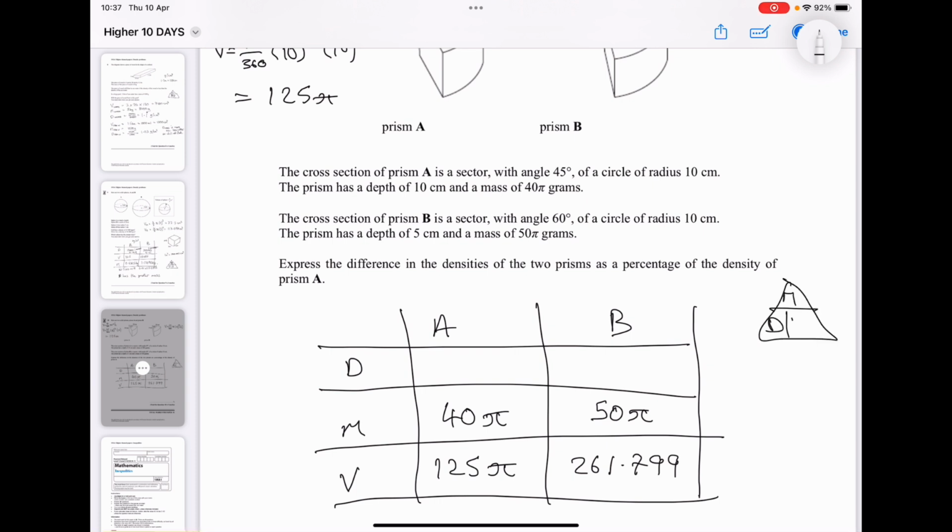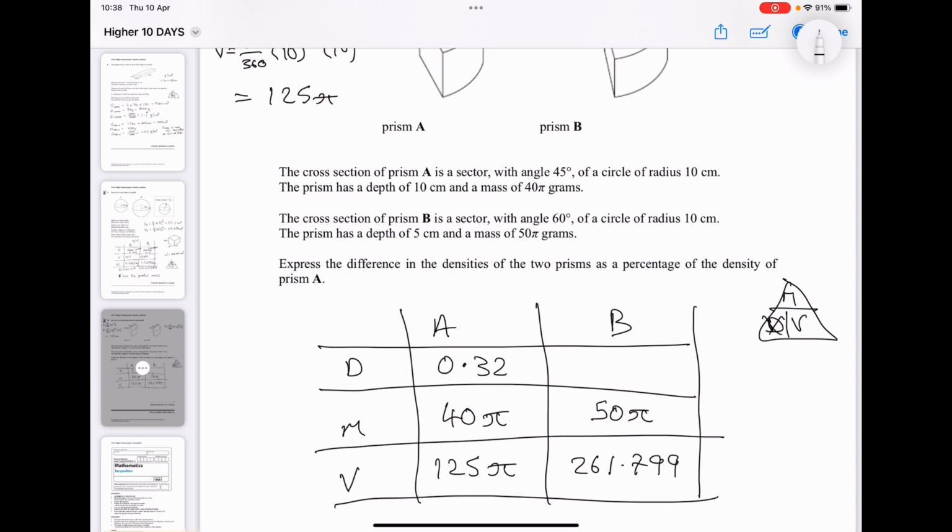Right, density is mass over volume. So density in this case is 40 pi divided by 125 pi, where the pi's will cancel out, so I've just got 40 divided by 125, which is 0.32.